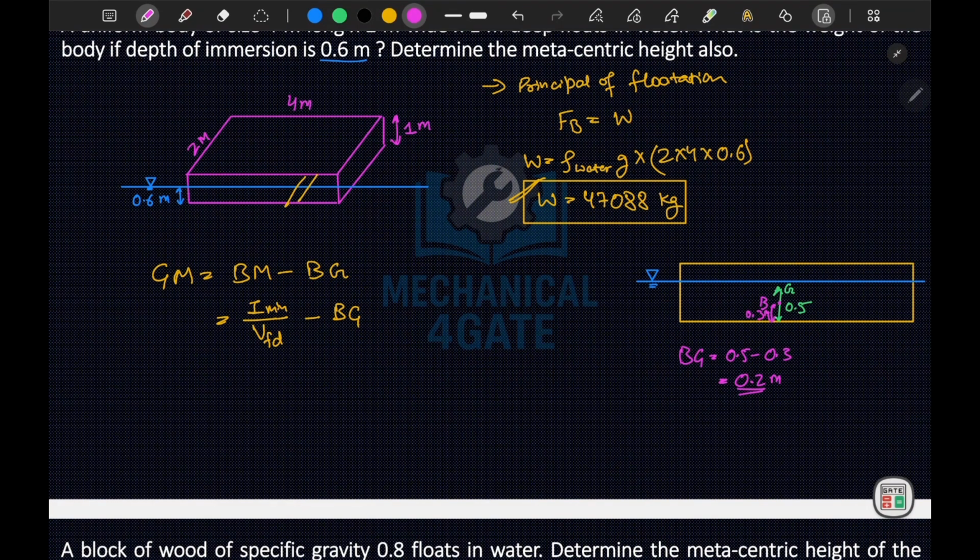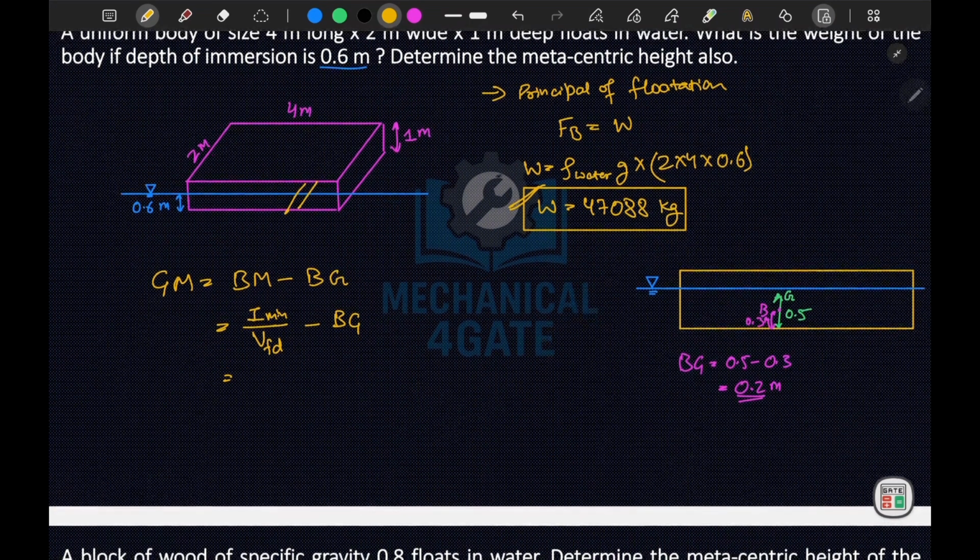Now let me write the value of I, the moment of inertia, that is your minimum. This will be your water line area, which is rectangular, and your minimum moment of inertia will be 4 into 2 cubed divided by 12. Now this is I divided by the volume. Volume of fluid displaced is 4 into 2 into 0.6, minus BG, which is 0.2.